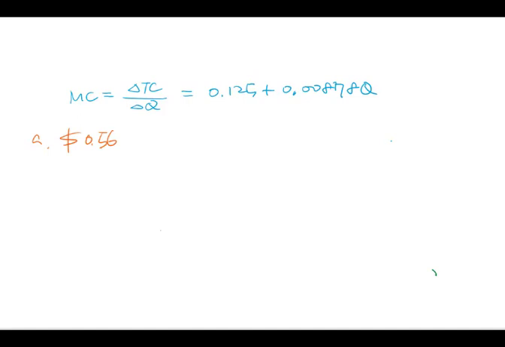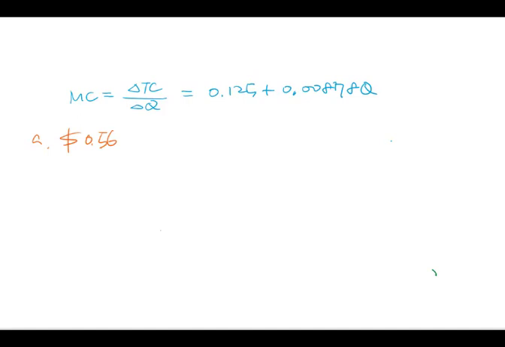This information will be useful if the manager finds that it is possible to expand sales at the current price and this price exceeds 56 cents. Price is the revenue per unit. If the per unit revenue exceeds this marginal cost of 56 cents when currently the output is 50, then increasing output from 50 to 51 is profitable.